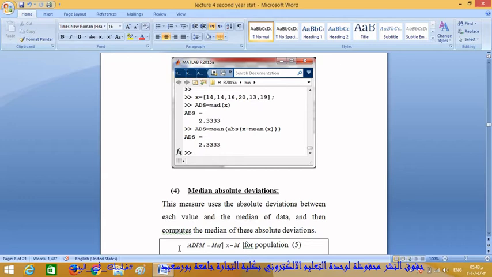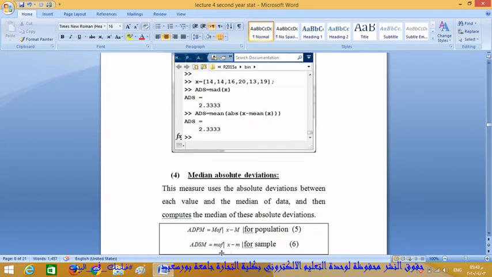Okay, so ADPM equals M of |x minus m|, the median of the absolute deviation between x and m, for a population, or M of |x minus m| for a sample.